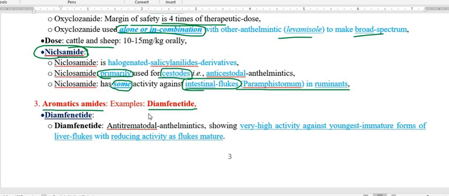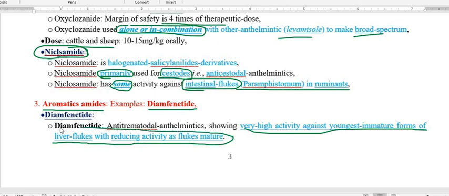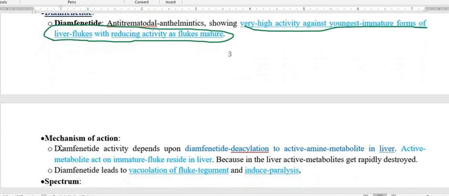So it has very high activity against the youngest immature form of the liver fluke, and its activity is reducing towards the mature fluke. So this is a very important point regarding diamphenethide.